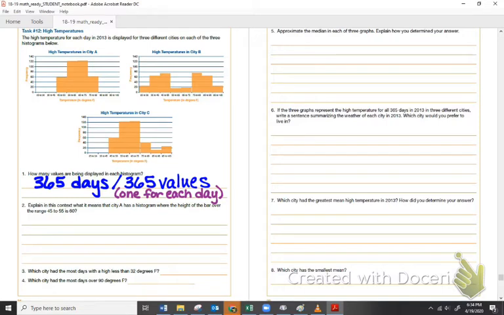The next thing I'm interested in figuring out is the context. In context, what does it mean that city A has a histogram where the height of the bar over the range 45 to 55 is 60? So I'm looking just here at city A, and I want to know what the meaning is of the bar over the range 45 to 55. I want to know what it means that that goes up to 60.